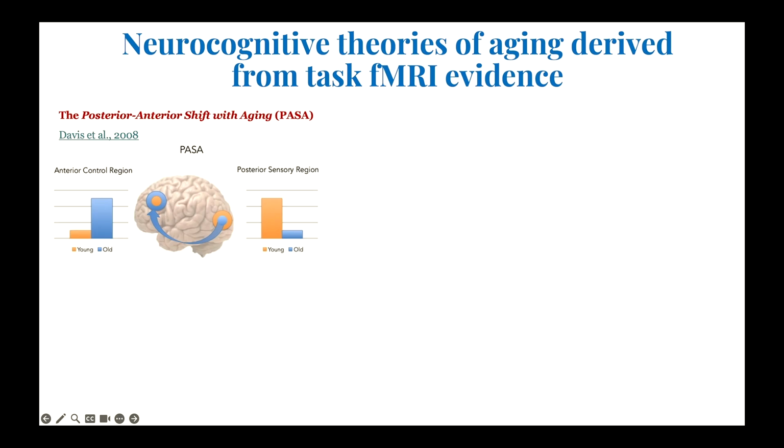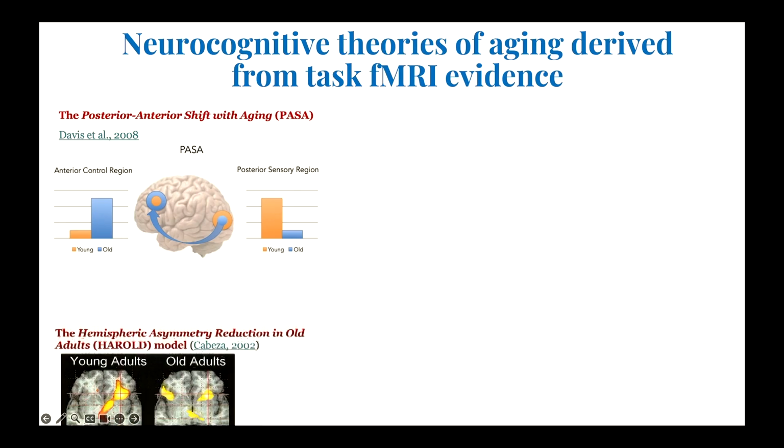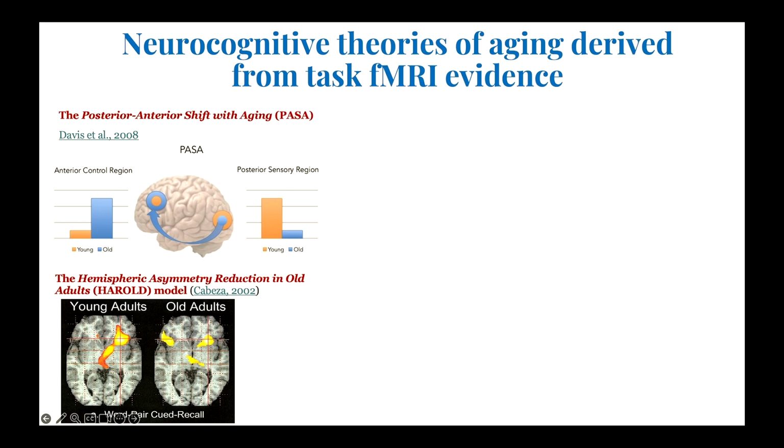And when we are talking about aging, we are not necessarily talking about MCI, dementia, Alzheimer's disease and those kinds of things. This is the normal healthy aging process where you observe these differences. A second observation that people have often reported is called hemispheric asymmetry reduction in the older adults.